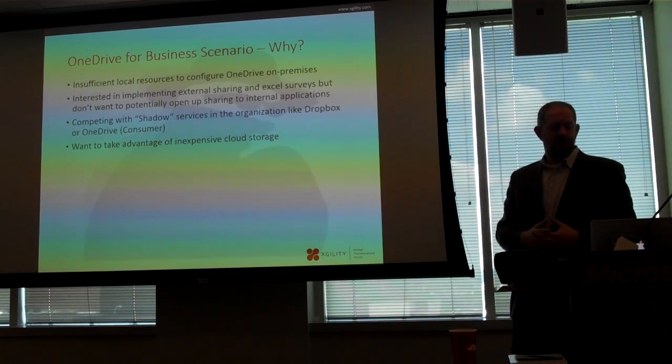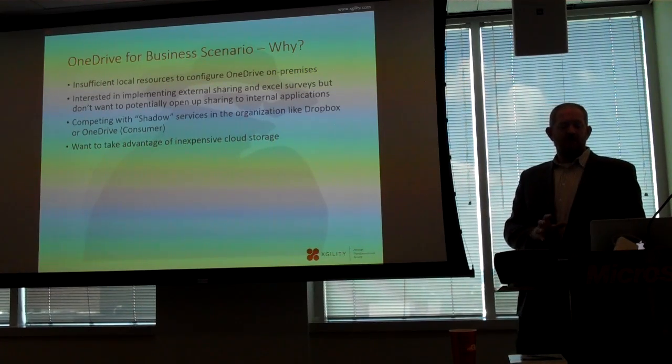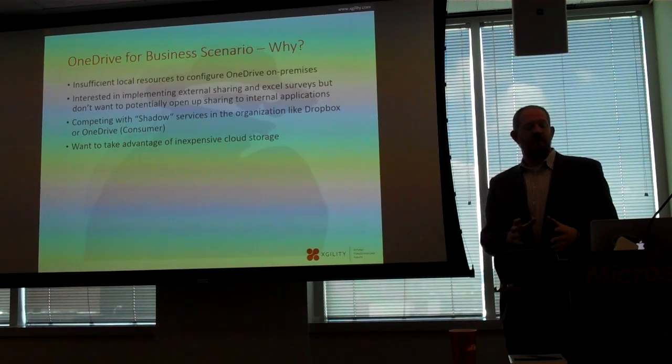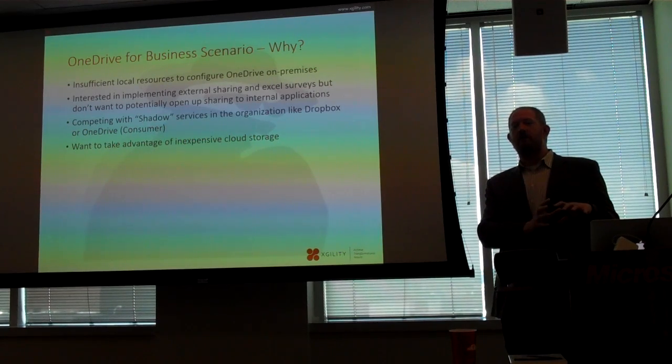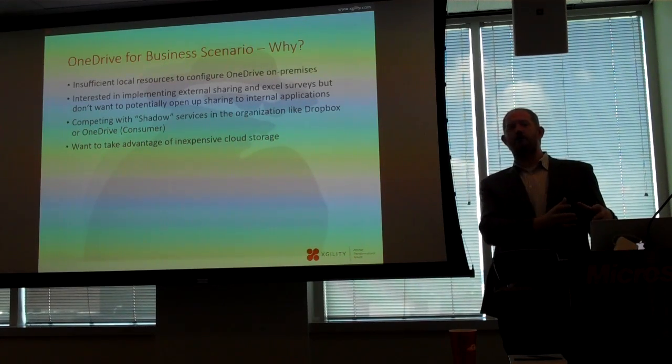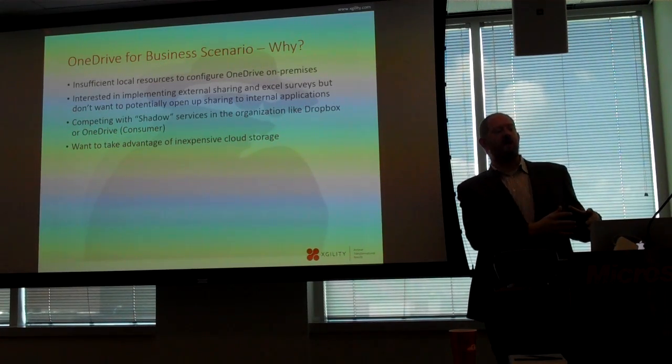Let's say you want to implement things like external sharing, anonymous guest links, or Excel surveys, but you don't want to potentially open up your on-premises SharePoint install and have a potential security risk. You want that stuff to stay local and private. That might be one of the reasons why you're implementing SharePoint on-premises rather than Office 365 as a whole.